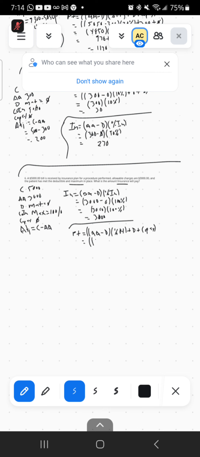Allowed amount, $3,000. Deductible met 0. Percentage maximum 0% for the patient. Deductible 0. Copayment 0. Patient pays 0 in this example. So we just subtract: $5,000 minus $3,000, $2,000.